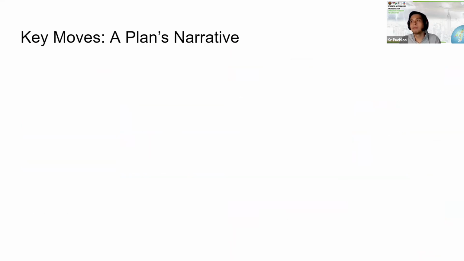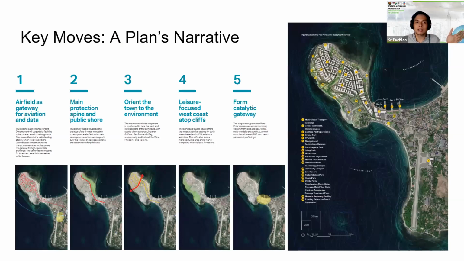And so all of those combined, we mapped out a narrative and looked at key moves that shape the master plan. So you can see we went from looking at the airfield as a gateway for aviation and data. And then after that, we moved on to the main protection of the spine at the public shore, looking at the site geometry.